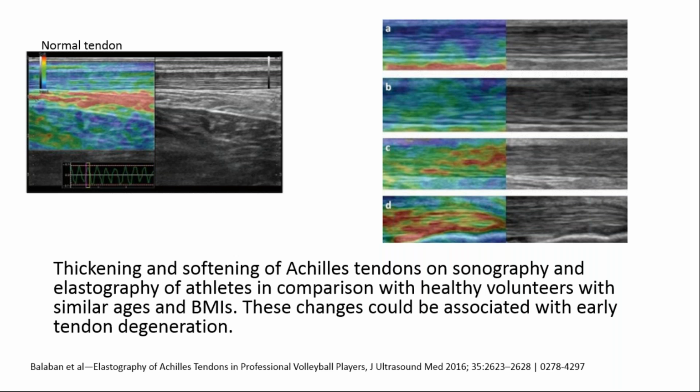Elastography is a much more recent technique, but we collaborated with the engineering department of the University of Nebraska, and you can analyze these ultrasound images, do a Fourier analysis, and see how the collagen organization is changing. There was a spectrum from healthy volunteers to non-symptomatic subjects to symptomatic subjects: the tendon was getting more and more disorganized.